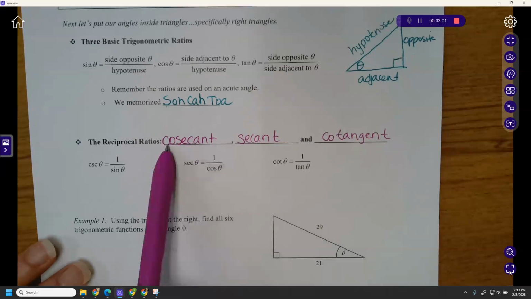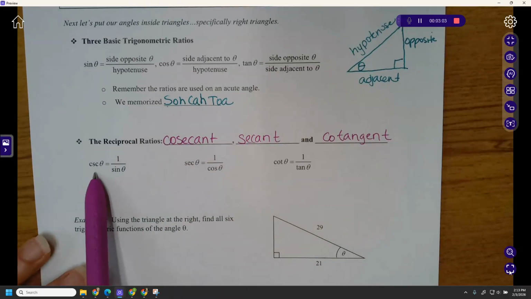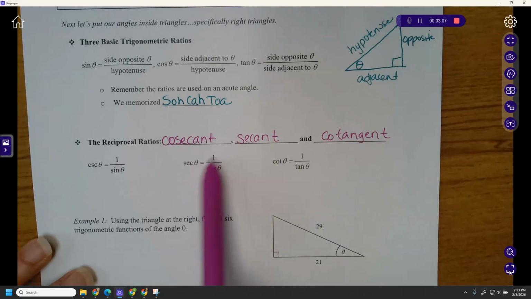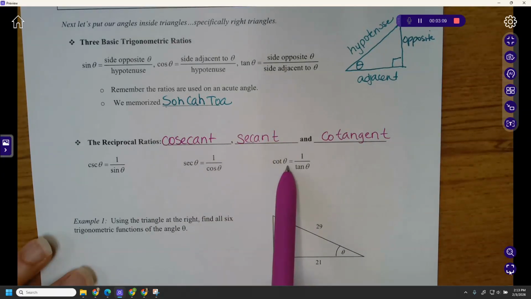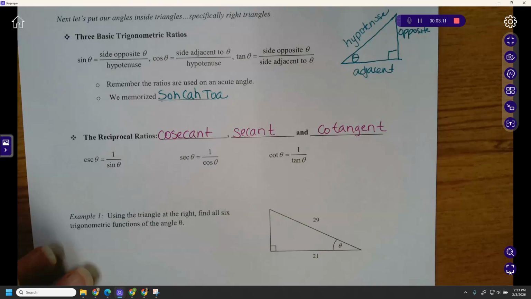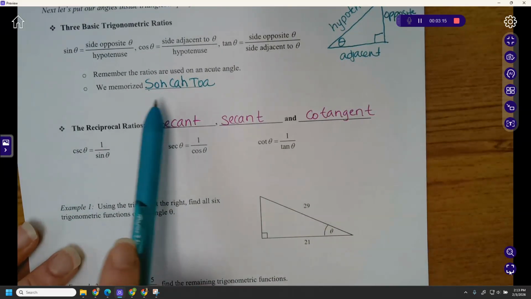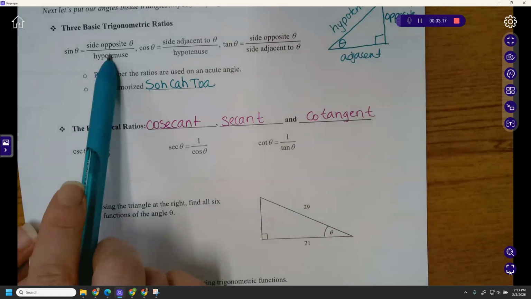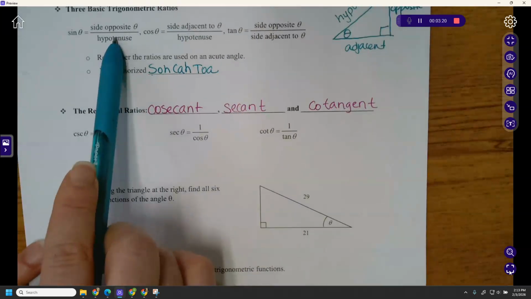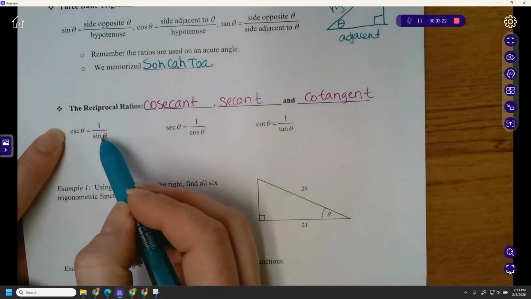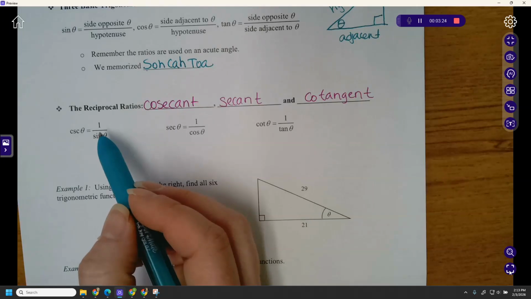So you're going to see here, do you see these abbreviations? CSC is cosecant, SEC is secant, COT is cotangent. And I wrote the reciprocal, but I am also going to flip the sides. If I was dealing with a triangle, we flip the fraction if we're finding the reciprocal.